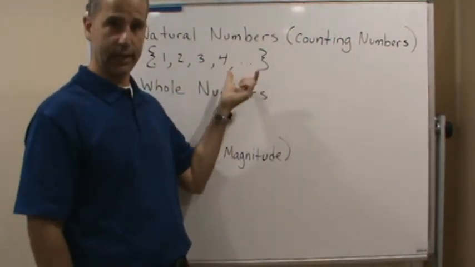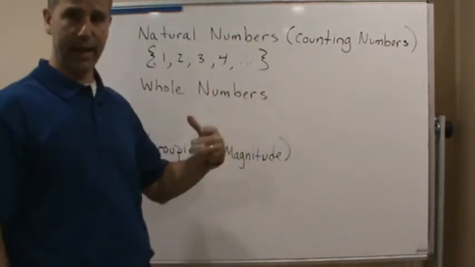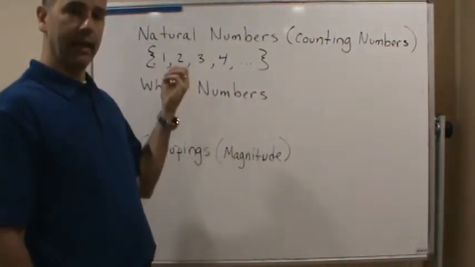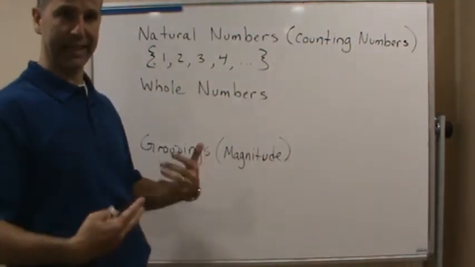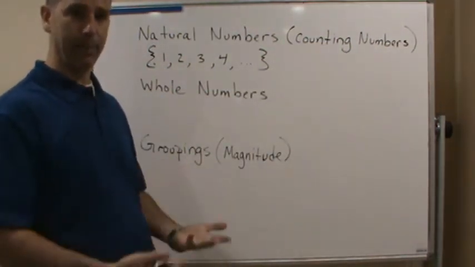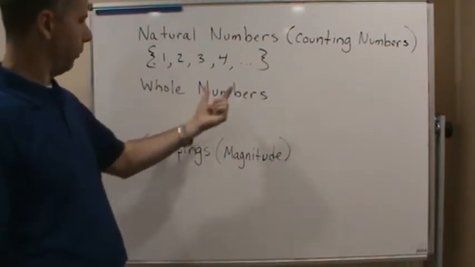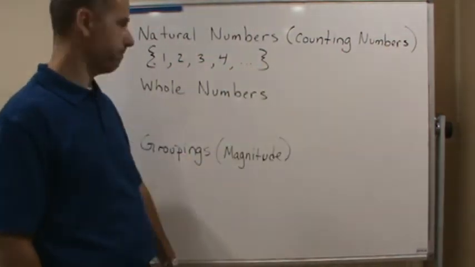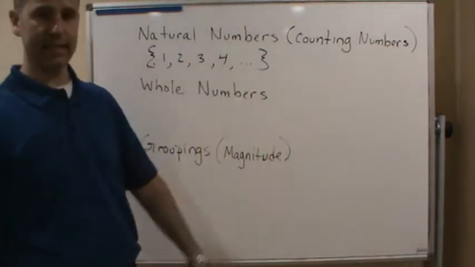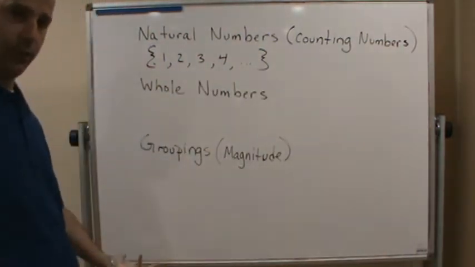An ellipsis just means, in the context of mathematics, that it continues. This set continues to infinity in the same pattern. So what would come after this? 5, 6, 7, and so on. So this represents the set of all natural numbers, which are infinite.